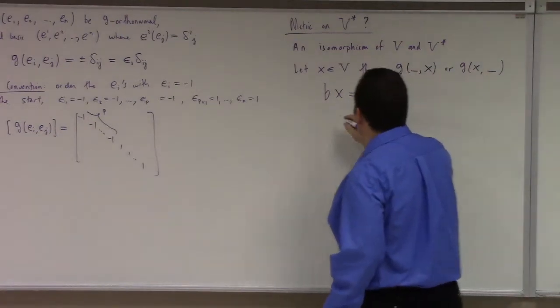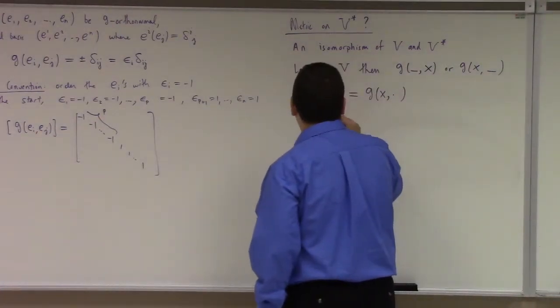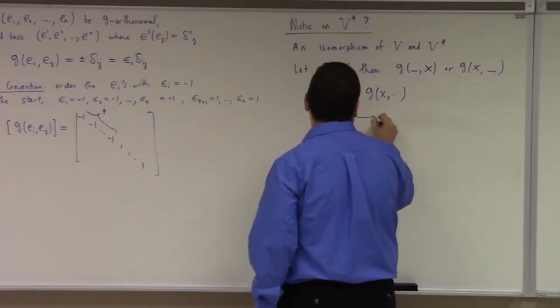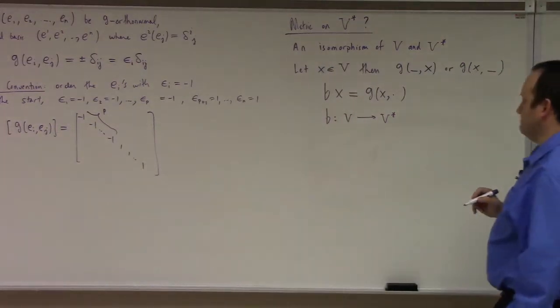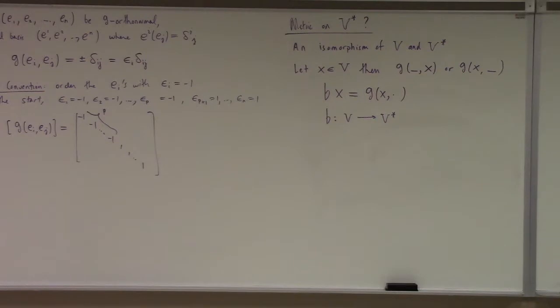So here, the flat is a mapping from V to V dual. I've taken a vector and I've made it into a form.